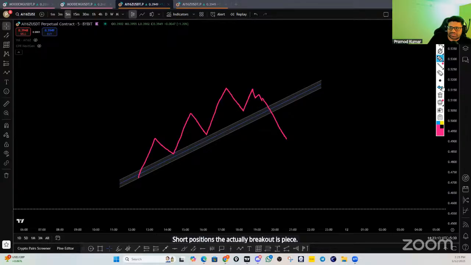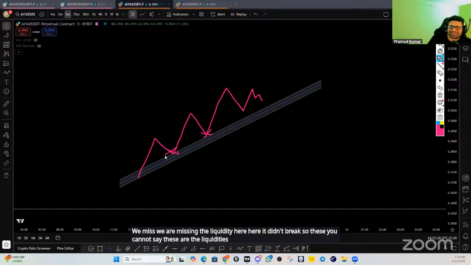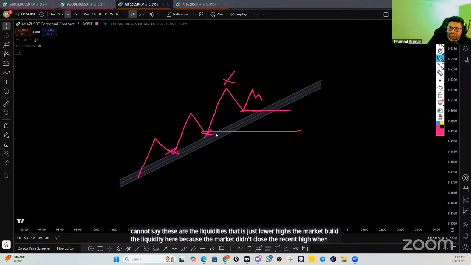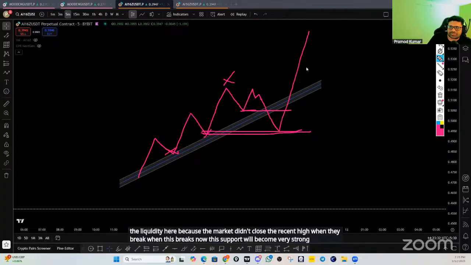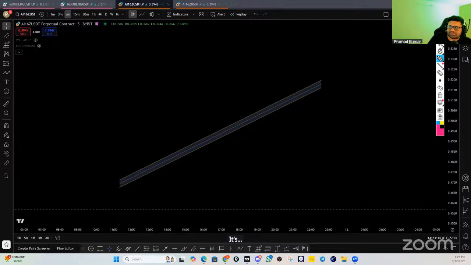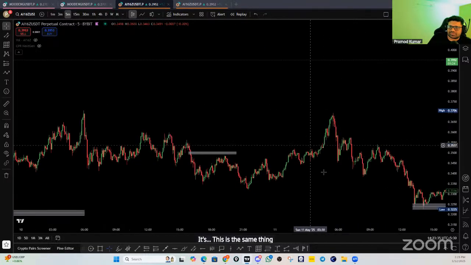We are missing the liquidity here. Here it didn't break, so you cannot say these are the liquidities. That is just lower highs. The market built the liquidity here because the market didn't close the recent high. When this breaks, this support will become very strong. It's the same thing here, sir.